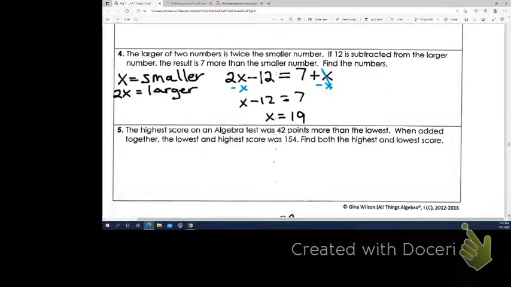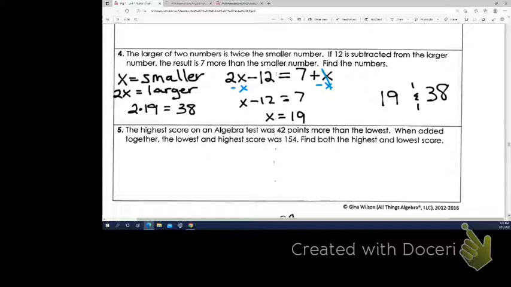And if x, the smaller number, is 19, and the larger one is twice, so 2 times 19 would then be 38. There is no reason for you to try to add them together to check things because we were not given their sum. So 19 and 38.